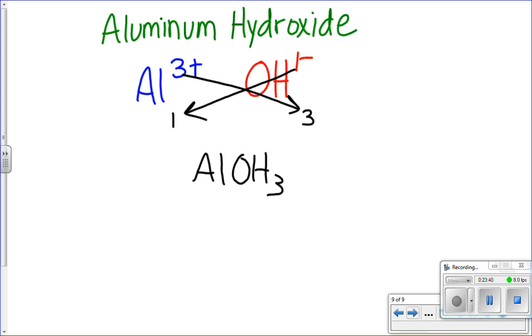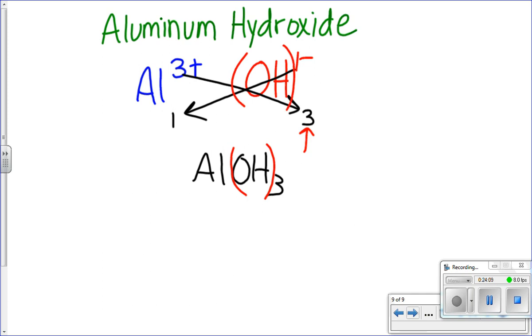What we have to do in this case is show that the OH is protected, that it sticks together. So the way that we do that is we just put parentheses around it. So anytime you give a polyatomic ion a subscript like this, you have to put parentheses around it in the compound.